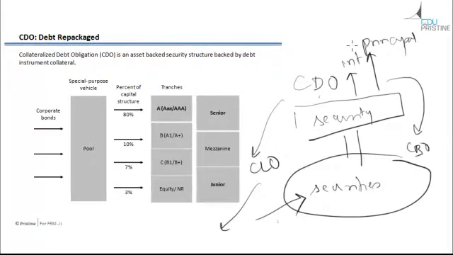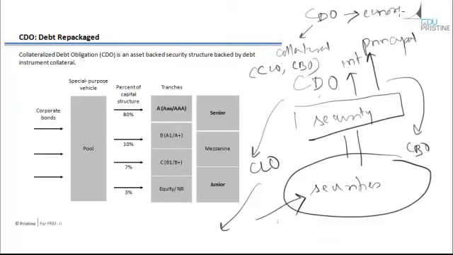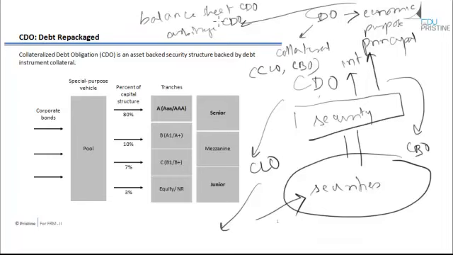Thus, CDOs can be classified based on the underlying collateral, or on the economic purpose. Based on collateral, a CDO can be called a CLO or a CBO. On the other hand, CDOs can also be classified on the basis of economic purpose, where they can be called a balance sheet CDO or an arbitrage CDO. We would cover the balance sheet CDO and arbitrage CDO in further detail later.